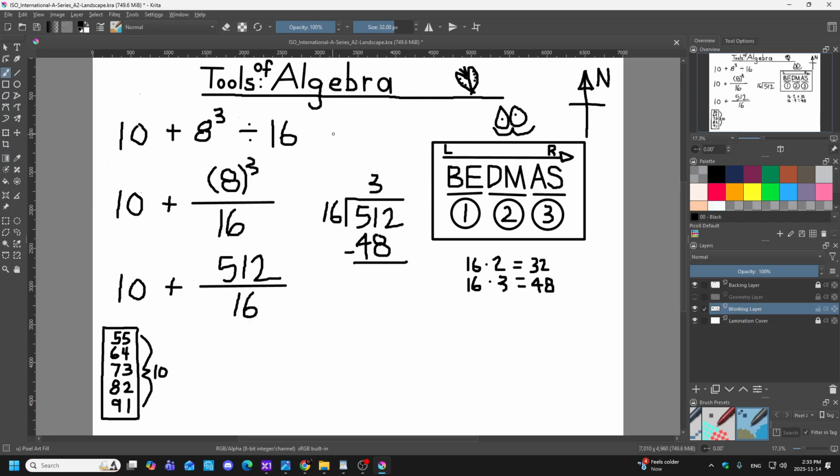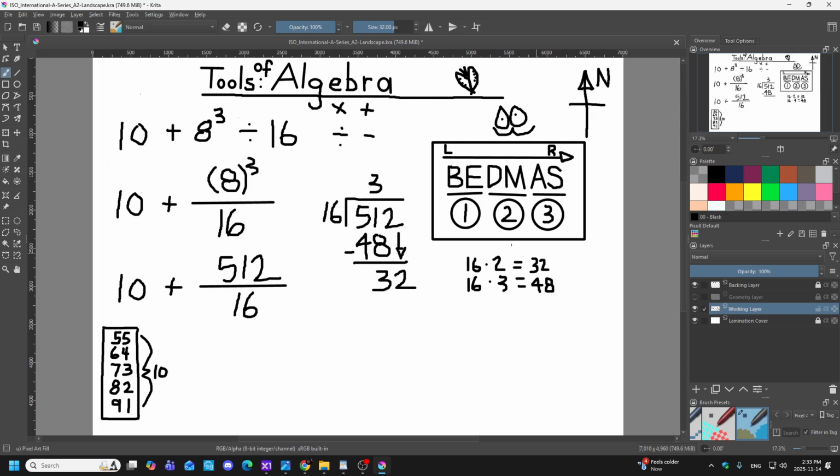Subtract, right? Because with division it's subtraction. Just like multiplication, it's addition. All right, so we have 3, right? 2 jumps to 50 plus another jump is 3. All we do is bring down the 2.